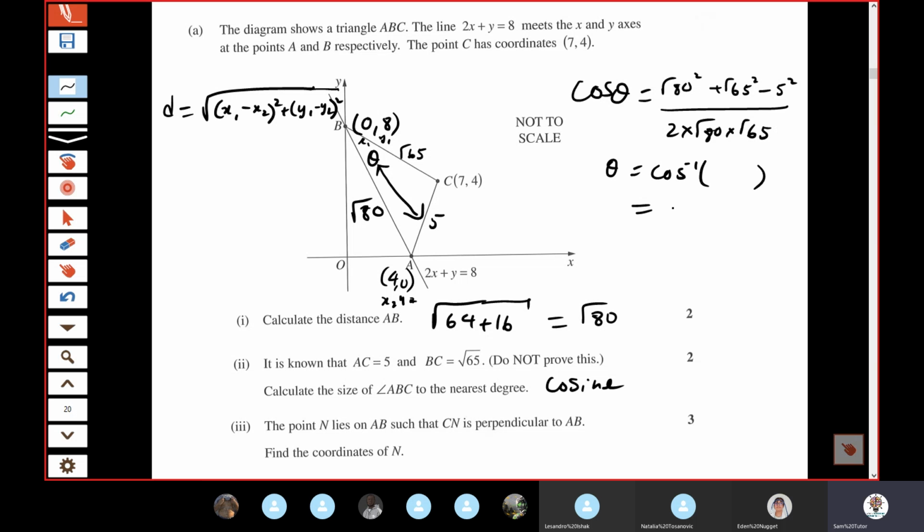And do we have an answer? 33 degrees, 41 minutes. So to the nearest degree, 34. And if you don't write that, you lose a mark.